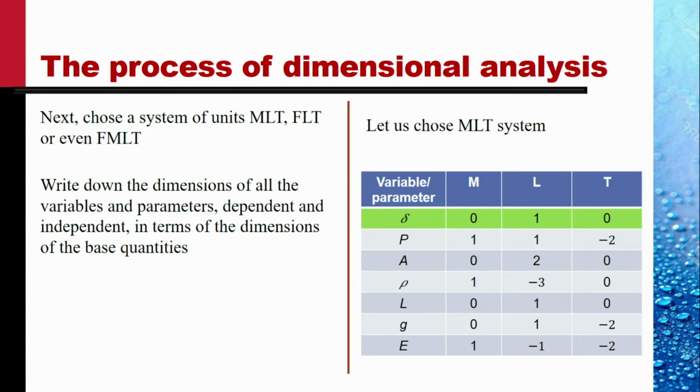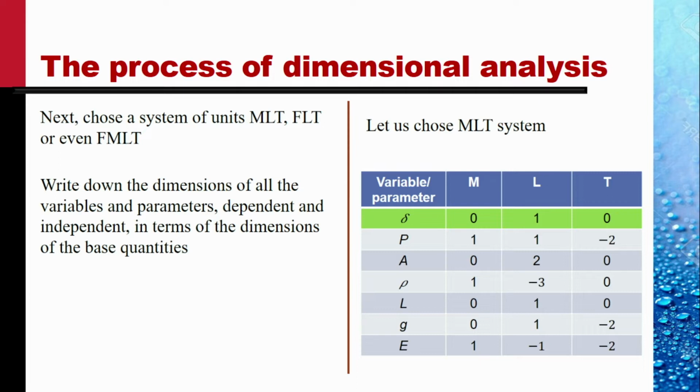The first column lists the variables and parameters, in this case only the parameters, and then the dimension of mass, the dimension of length, and the dimension of time, MLT. Delta, the deflection, obviously has only the dimension of length. P, the force, is mass times acceleration, so it has a dimension of M1, L1, T minus 2.